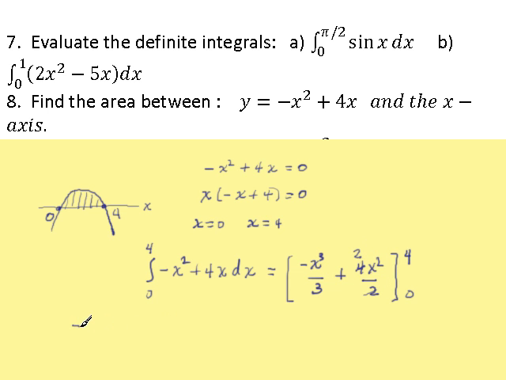So we have minus 4 cubed over 3 plus 2 times 4 squared. That's minus 64 over 3 plus 2 times 16, plus 32.